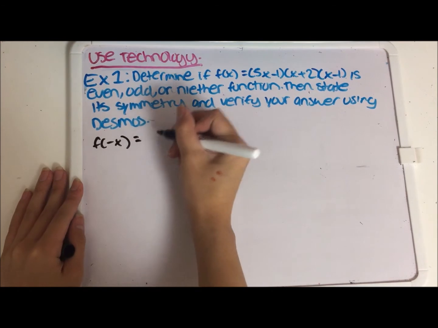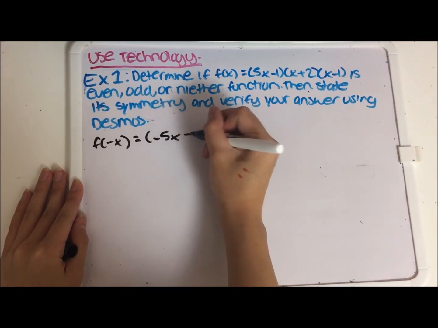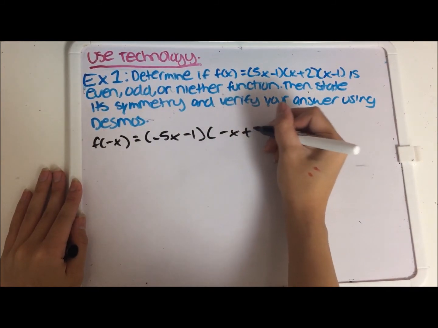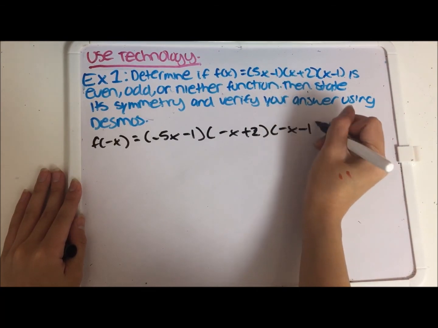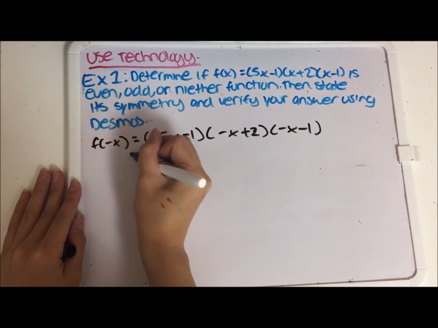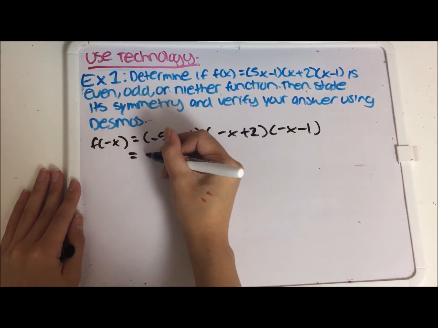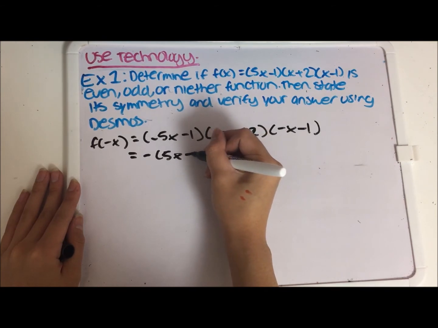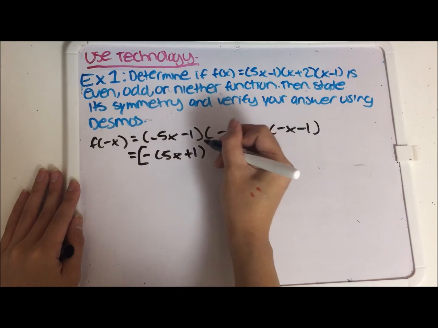So what you get is negative 5x minus 1, negative x plus 2, negative x minus 1. Second step, we have to simplify, so we take out the negative. So we take out the negative, it's negative 5x plus 1. Remember to put the big square bracket around it.